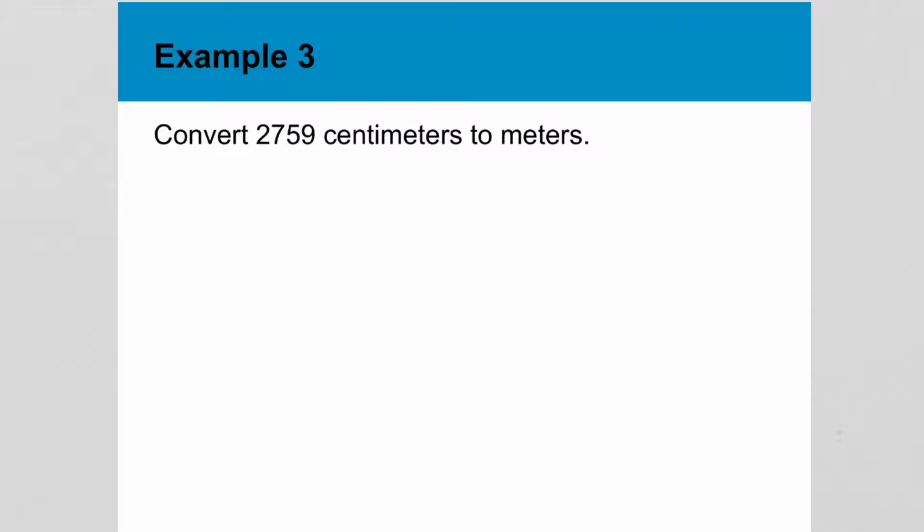So example 3 asks us to convert 2,759 centimeters to meters. So our conversion factor should be the fact that in 1 meter, there are 100 centimeters.